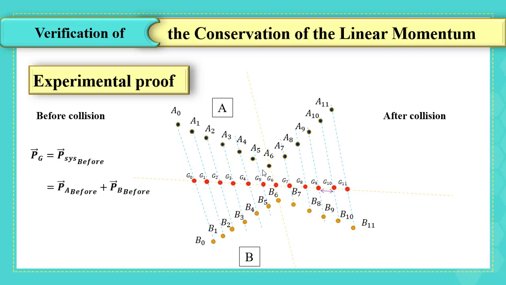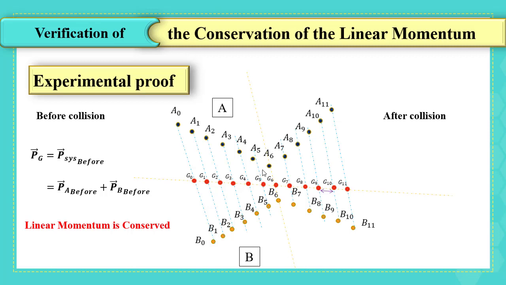Therefore, the linear momentum of the system, which is equal to (mA + mB) times the velocity vector of G, the center of mass of the system, is also constant through the motion before and after collision. As a result, the linear momentum of the whole system, which is the linear momentum of the center of mass, is constant. Then, linear momentum is conserved.